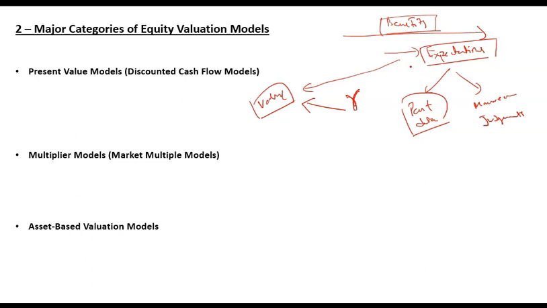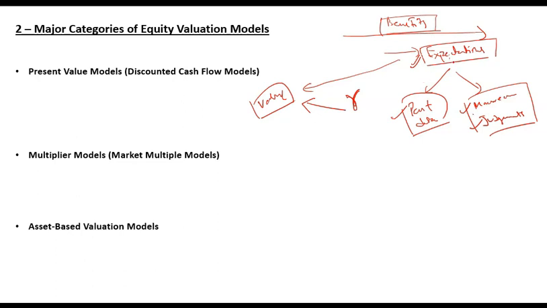So that means in order to form expectations, you need to have past data and you need to have some other assumptions and judgment. Your financial model would contain past data and assumptions, and when you combine these assumptions with past data, you will be able to form expectations in your financial model.